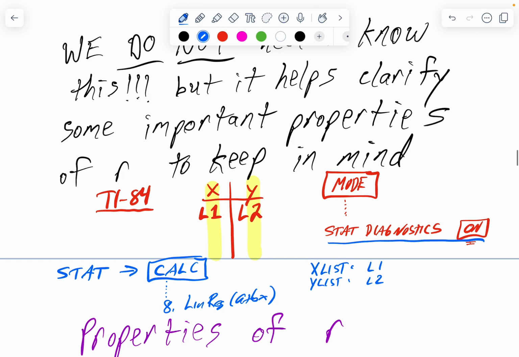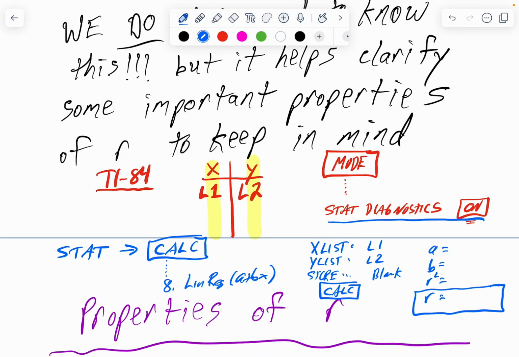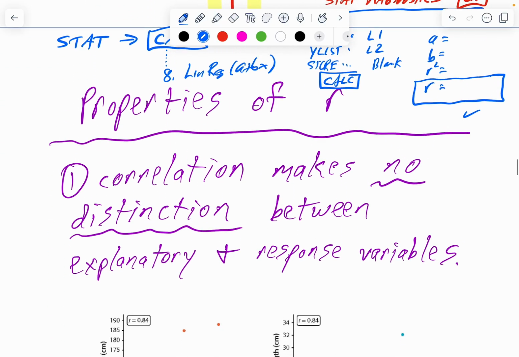Where it says store reg equation, you can just leave this blank. Then there should be a calculate button down at the bottom, and you should get output: A equals, B equals, R squared equals, and R equals. That R value is what we're focused on right now. That R value is the correlation coefficient. And now, instead of calculating it by hand, we just have to interpret what it means.